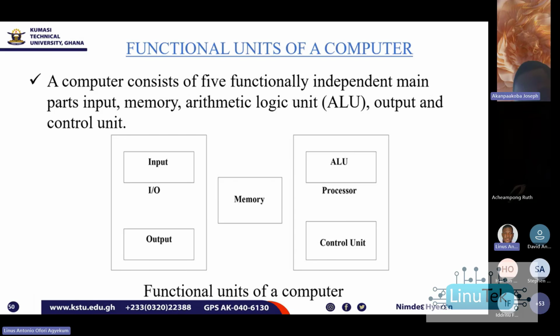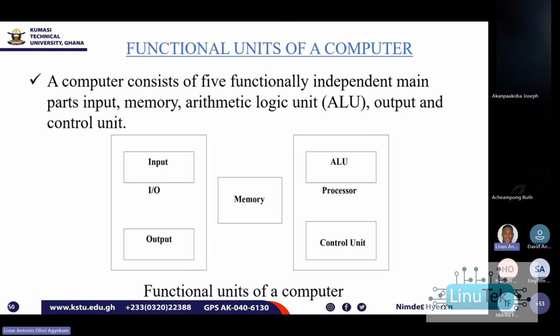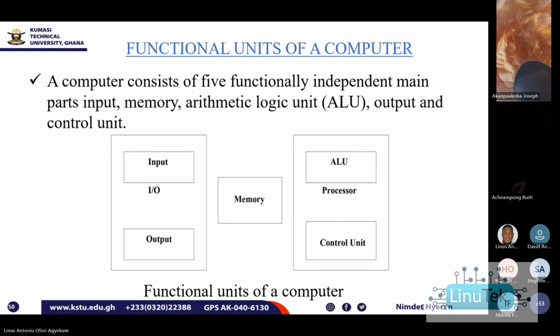Now, when you take the functional units one by one, the first one being the input unit, it is basically there to accept inputs into the computer, or data into the computer.